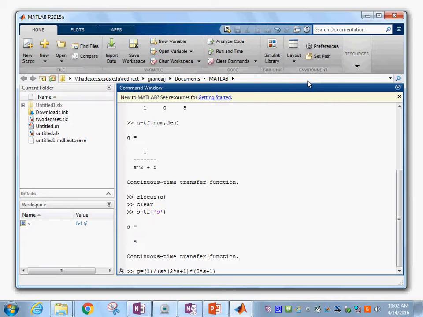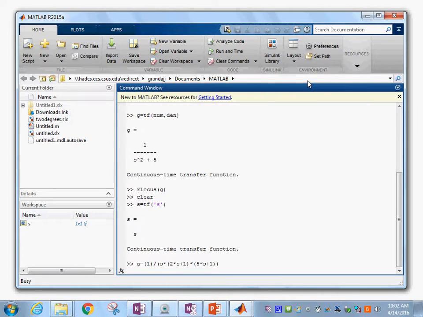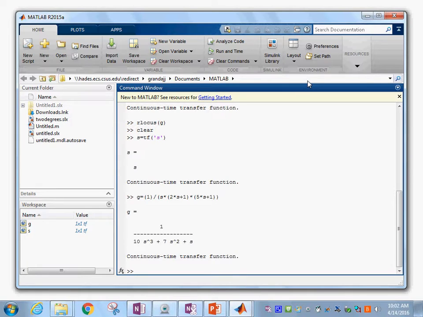And then I think I need to close the parentheses. And lo and behold, I have my transfer function here.